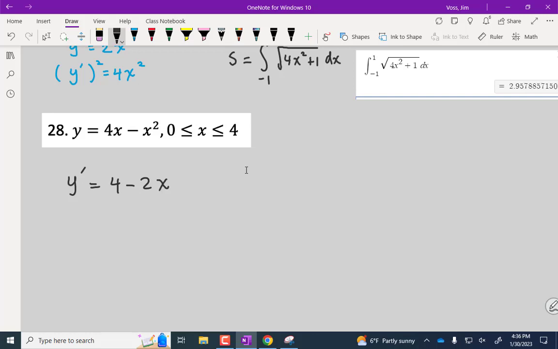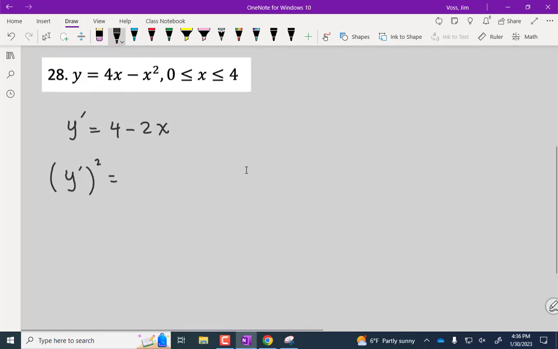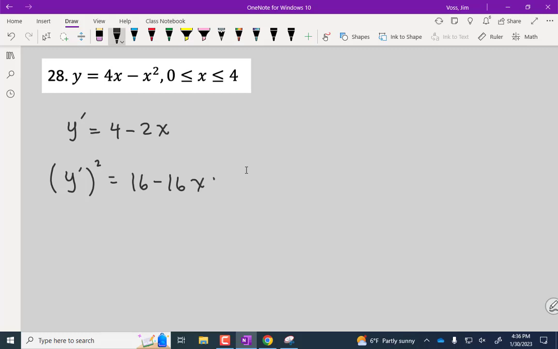Okay, so let's do one more of these with a technology derivative, and we're going to square it. When we square this derivative, we FOIL. So 16 minus 16x plus 4x squared. And so the integral is 0 to 4 of the square root.